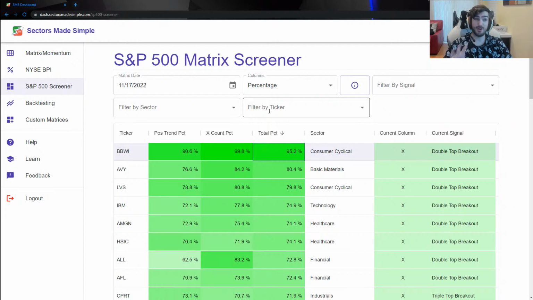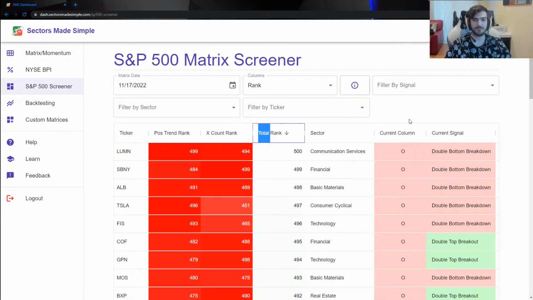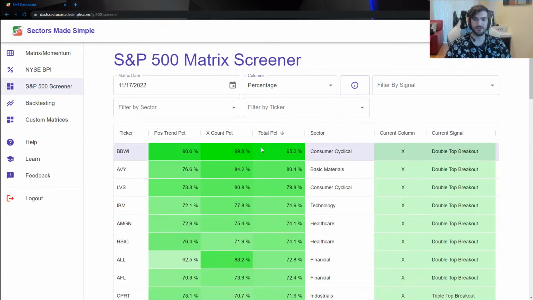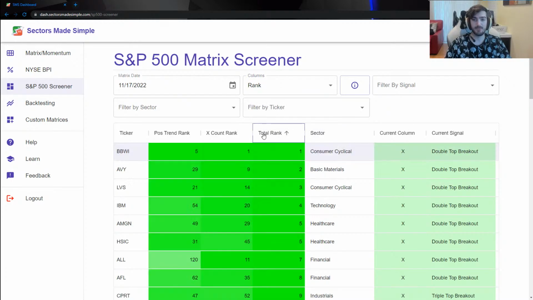Maybe again, the numbers are not what you're interested in. You just want to know who's winning. What is first place? We do that too. So you can get the rank for each of these companies. So you can see that its rank is first. Because again, if you look at something like this, 90.6, great. What does that mean? What is first? Well, for that, we can look at rank. Rank gives us the actual number of you are in first place, you are in second place, you are in third place, so on.